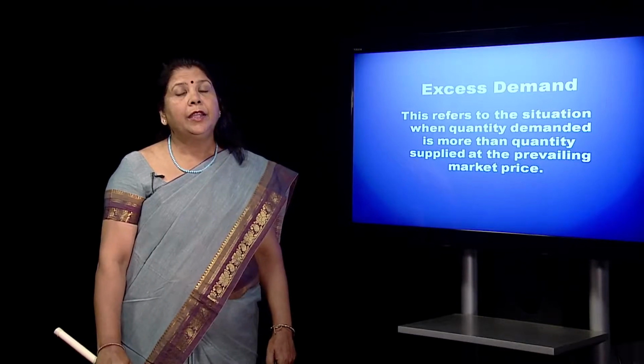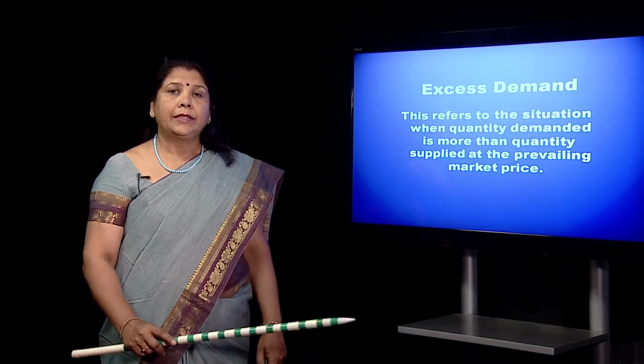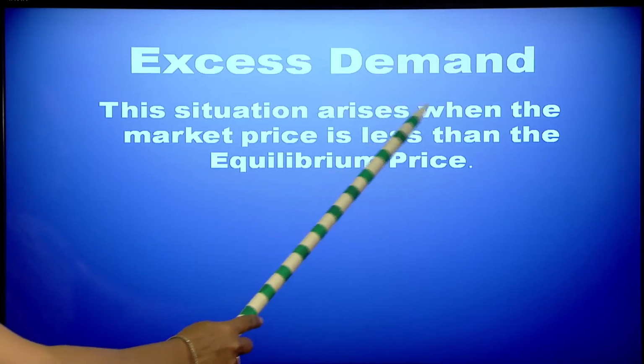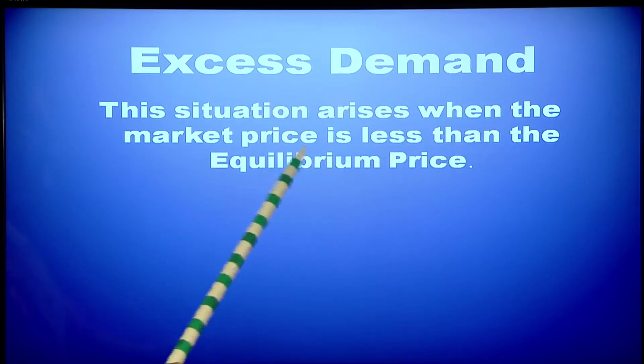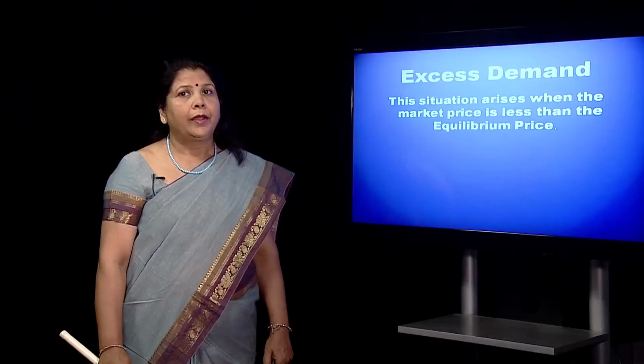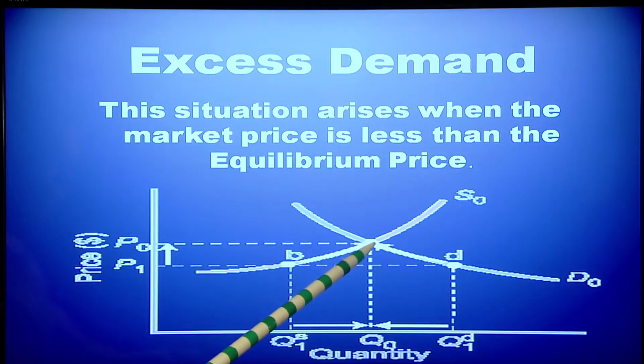That means demand is much more than the supply, hence the term excess demand. This situation arises when the market price is less than the equilibrium price. That is, as we can see here, the equilibrium price is here.